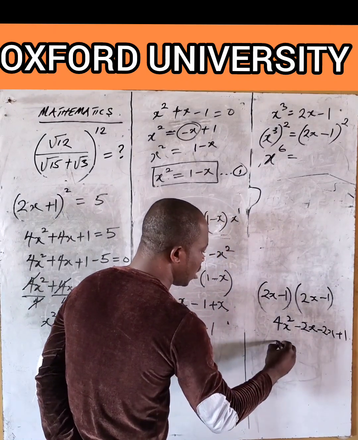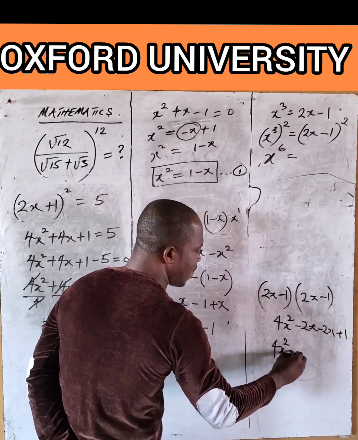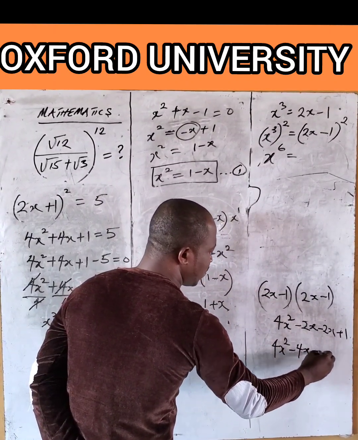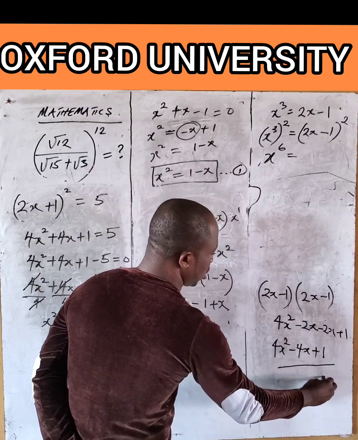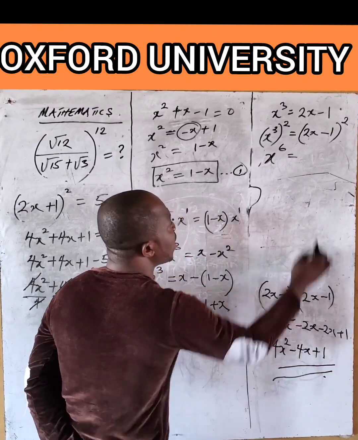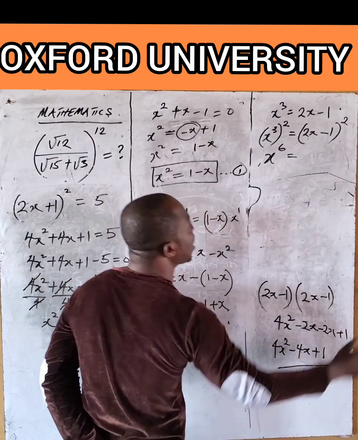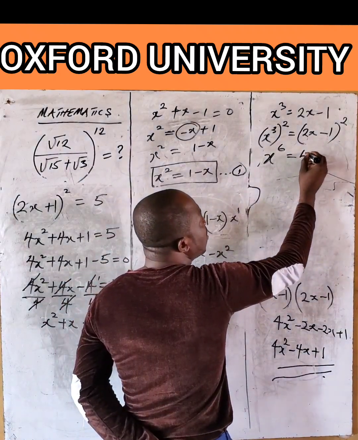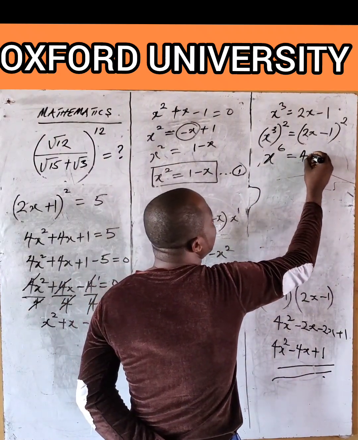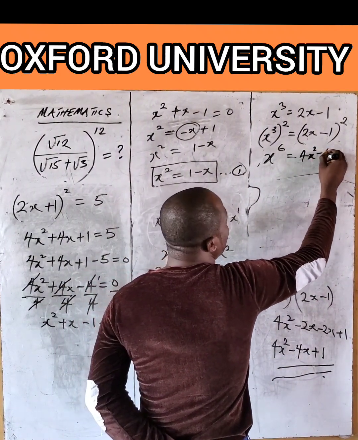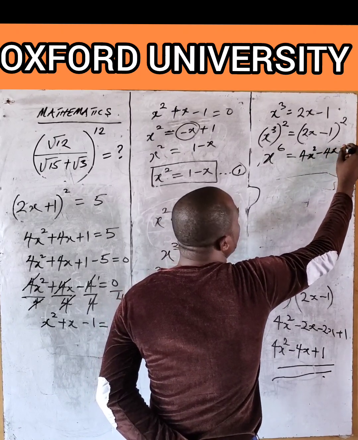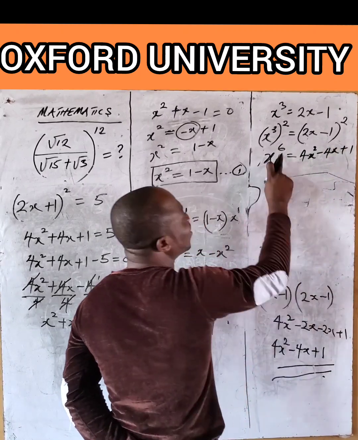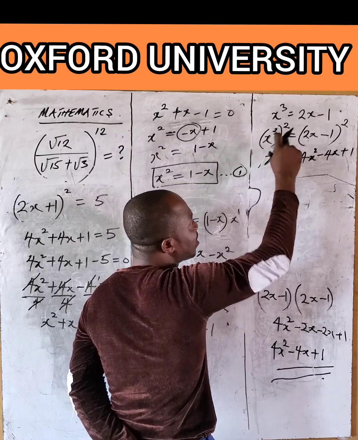Now, what we'll be having is 4x squared minus 4x plus 1. This is what we are going to obtain. So when we expand this, we definitely get this. So importing it here, what I will have is 4x squared minus 4x plus 1. Now, we succeeded to get x raised to power 6.